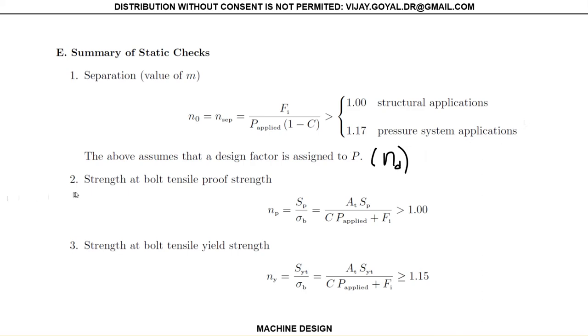Then the strength of the tensile bolt is a second check, and this has to be bigger than 0. You want to check for yield strength, and that has to be bigger than 1.15. It is important that you see this is not 1. These 2 checks have to be done and made sure that we comply with them. Typically you might think, if I just apply this, I should be good enough. But no, look, yield is 1.15, it's not 1, so you have to look at that.